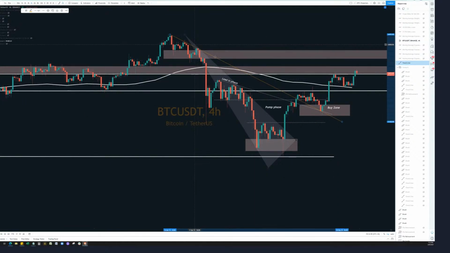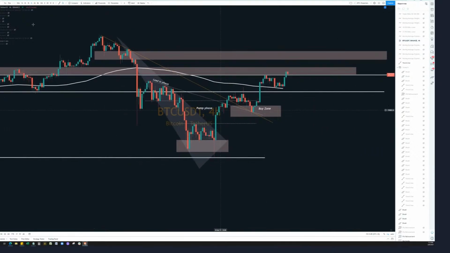So we actually had two lines that were relevant in this phase. One was here where it acted as support, and then both of them came together here, which made it a significant support level, and up it went. That's my interpretation to this.